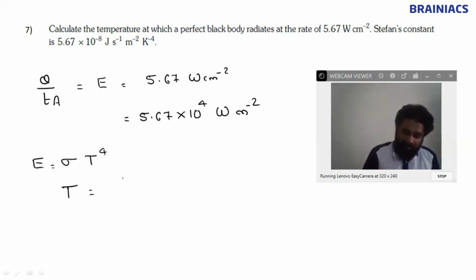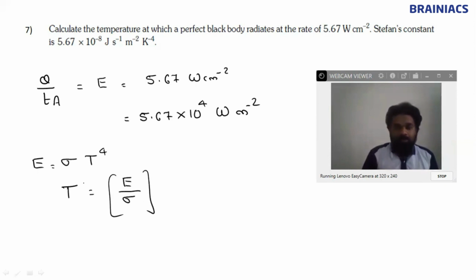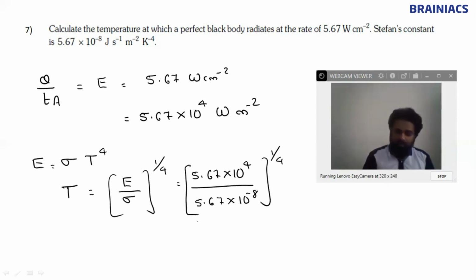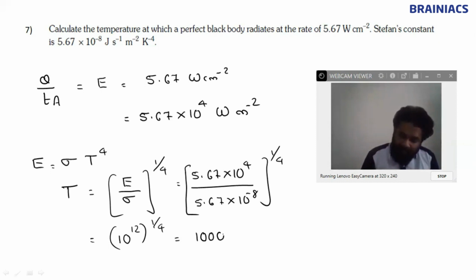So T is equal to E by sigma all raised to 1 by 4, in order to remove the power of 4. So 5.67 into 10 raised to 4 divided by Stefan's constant 5.67 into 10 raised to minus 8, all raised to 1 by 4. This cancels, and it becomes 10 raised to 12 all raised to 1 by 4. 12 into 1 by 4 is 3, 10 raised to 3, so this is going to be 1000 Kelvin.